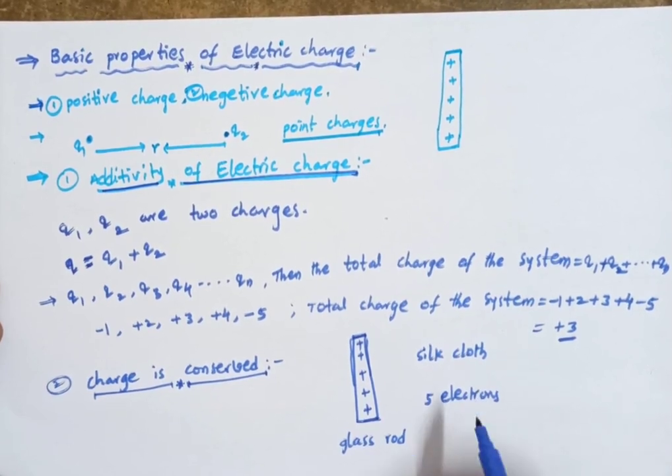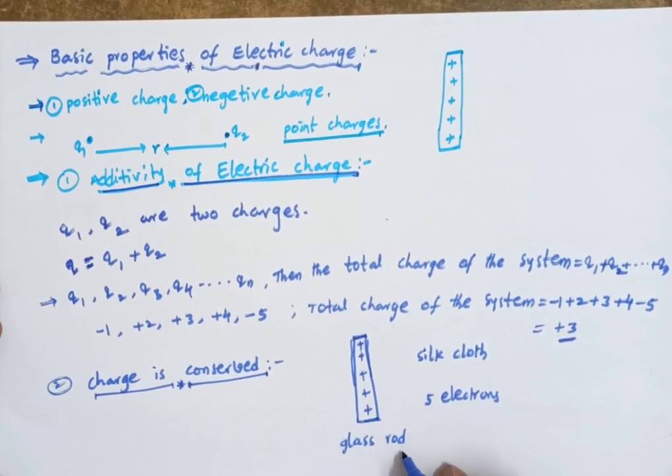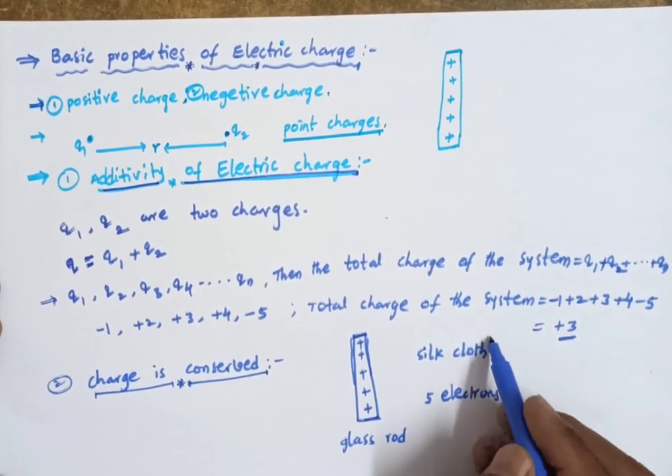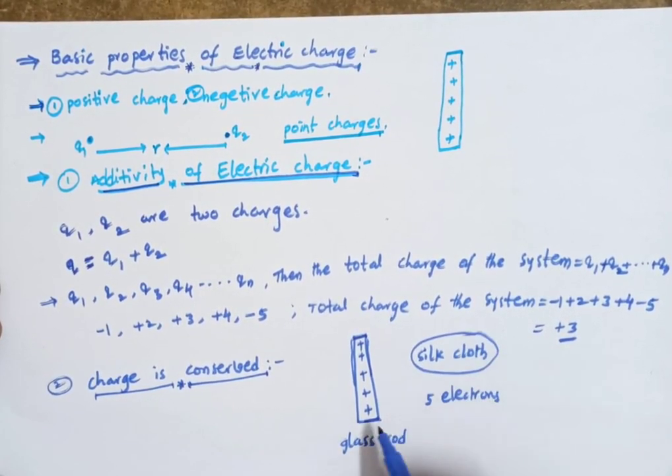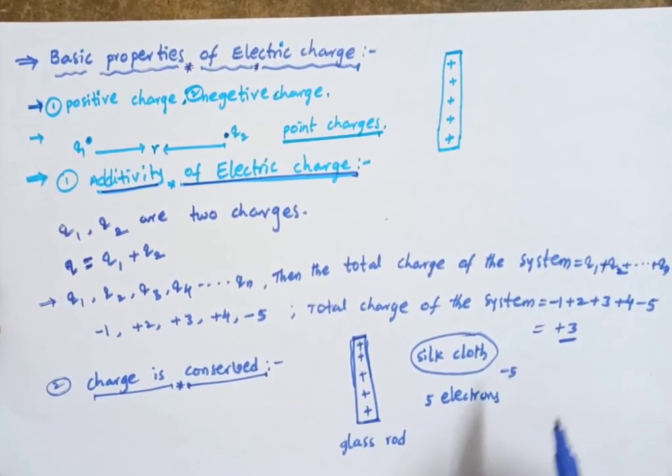These 5 electrons are lost by the glass rod, and the silk cloth accumulates negative charge, so the 5 electrons are gained there.